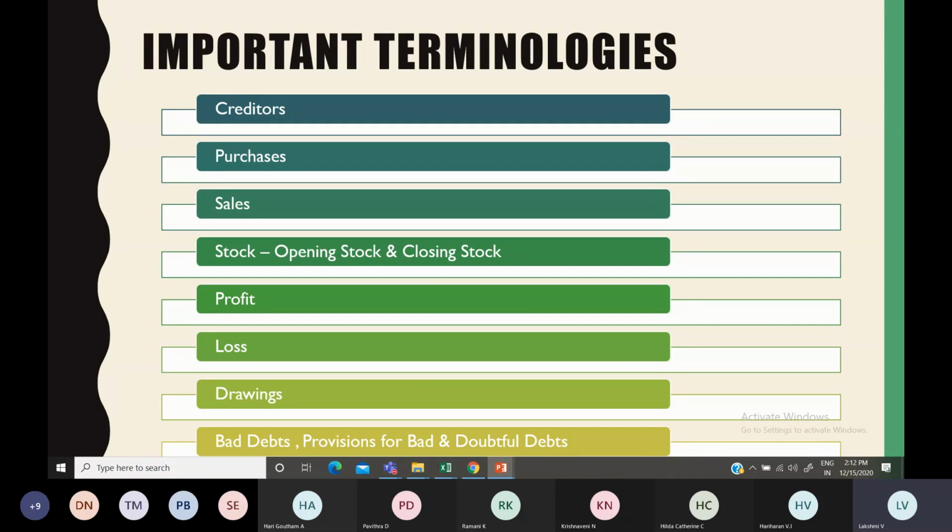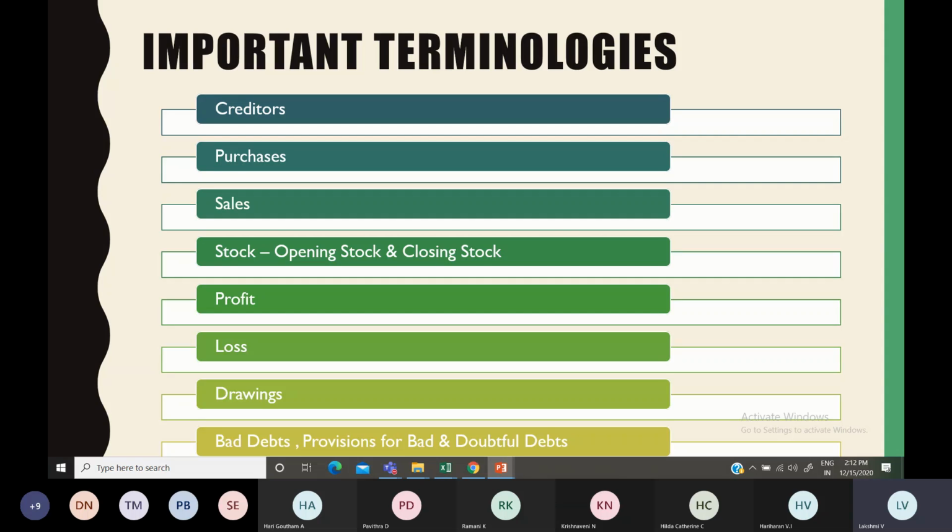So goods, which some proprietors withdraw from the business, are also considered drawings. Sometimes I may take cash out of the capital I have invested; that is also considered drawings. If it is for office use, then it is not considered drawings. But if I take it for my personal use or family use, then that is known as drawings.